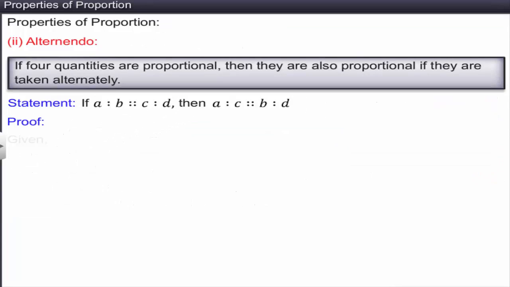We are given A is to B as C is to D. It can be written as A divided by B is equal to C divided by D. On cross multiplication, we get AD is equal to BC.